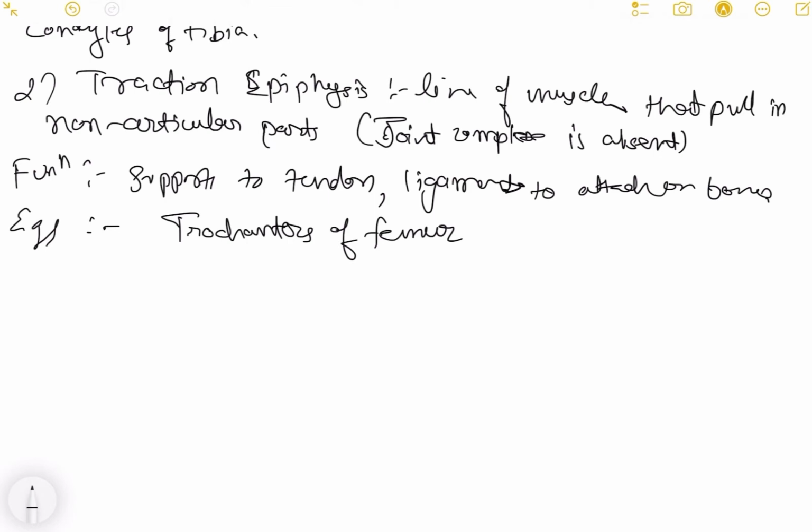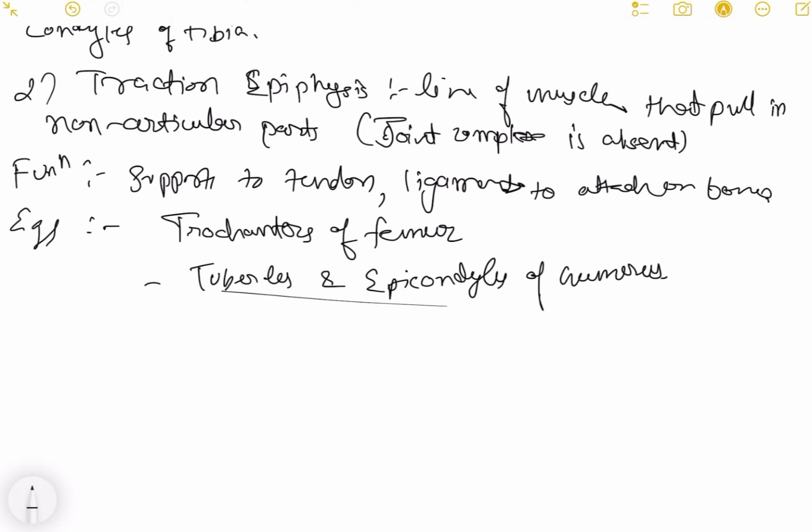So stay tuned till that. One by one each bone will be discussed in detail. Then tubercles, lesser and greater tubercles and epicondyles of femur or humerus, you can say anything. So there traction epiphysis is present. Remember the example and definition, okay?